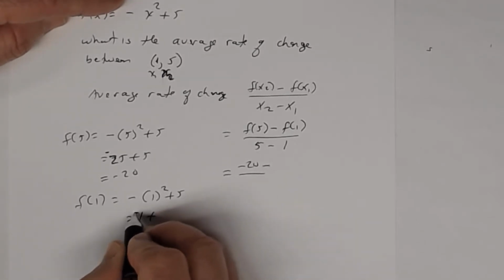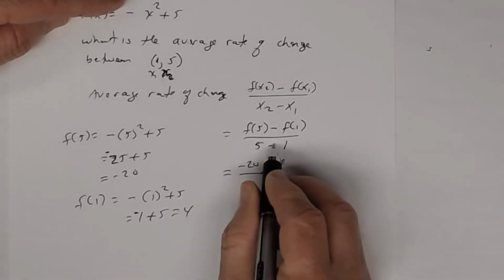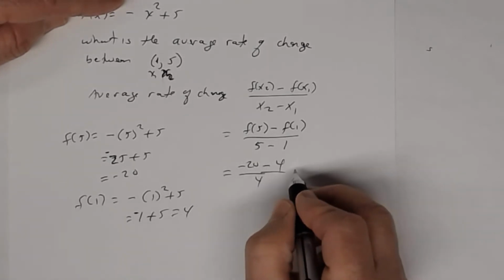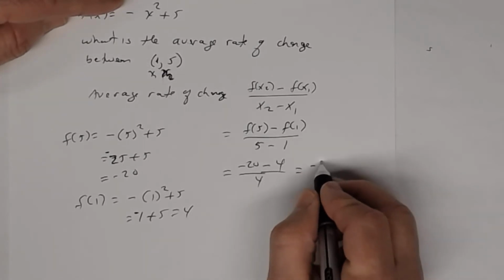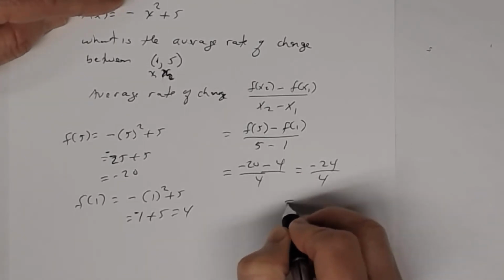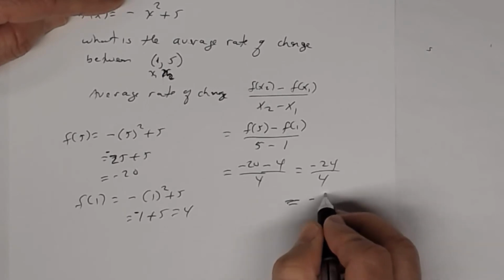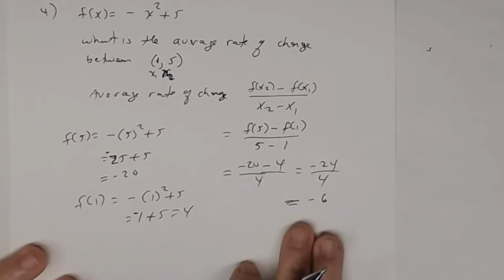Negative 1 plus 5 is 4. And then in the denominator, you have 5 minus 1, which is 4. The numerator, negative 20 minus 4 is negative 24, divided by 4, which simplified becomes negative 6. Okay, so negative 6. All right, so we found the average rate of change.